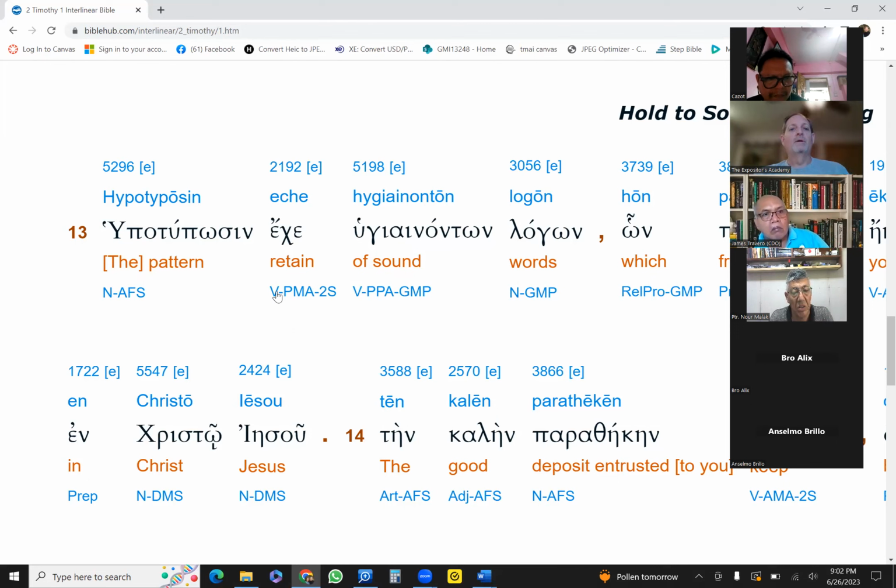But one way in English to translate the verb is hold to, or keep, or guard, follow, retain. Those would all be possible translations for this word. So what you will see, and I've noticed this especially with the New American Standard translation and the Legacy Standard, is they do like to use these prepositional verbs more often.